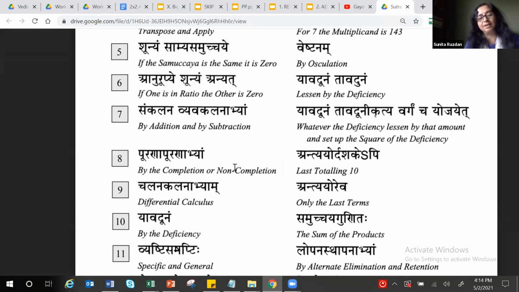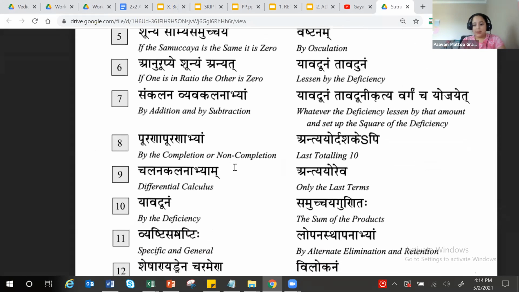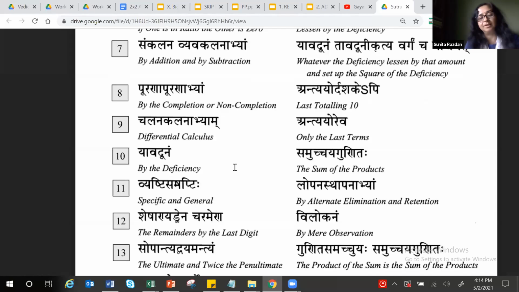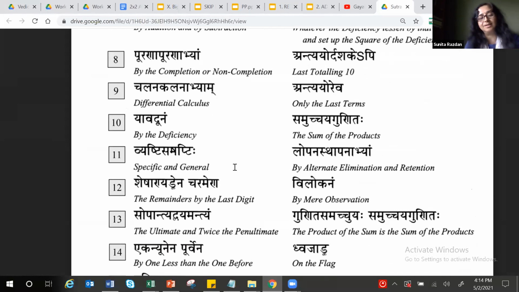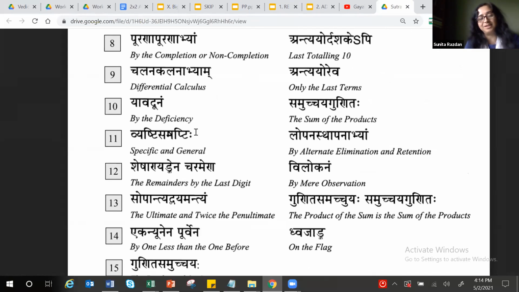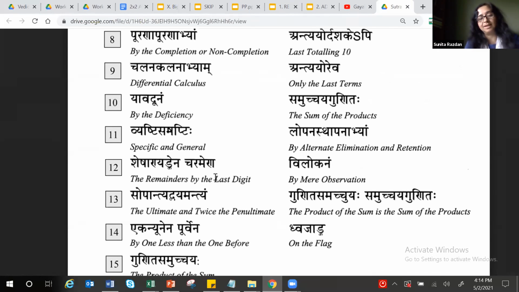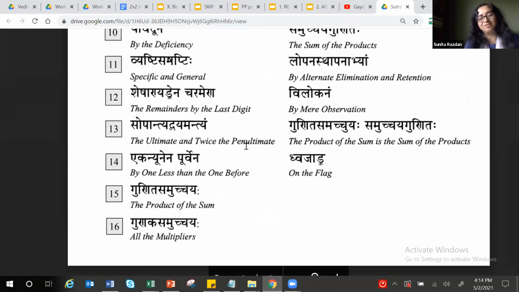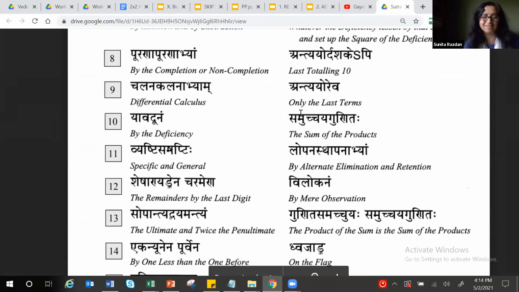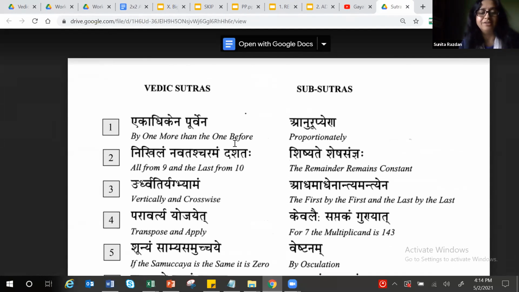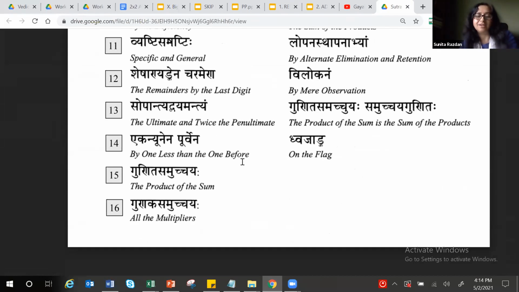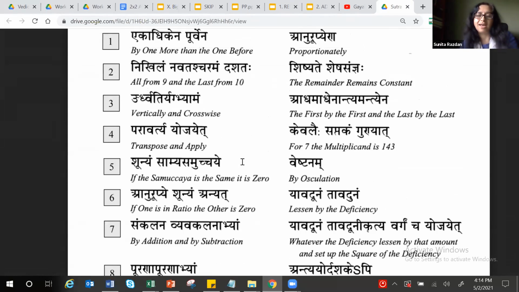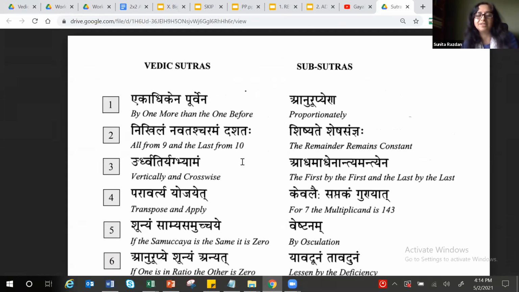If one is in the ratio, the other is 0. By addition and by subtraction, by the completion or non-completion, differential calculus, by the deficiency, specific and general, the remainders by the last digit, the ultimate and twice the penultimate, by 1 more than 1 before, the product of the sum, all the multipliers. And then there are these sub-sutras. These are all the sutras which the Vedic math comes from. So just have a look.